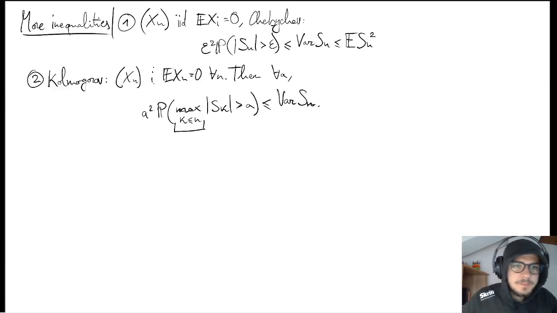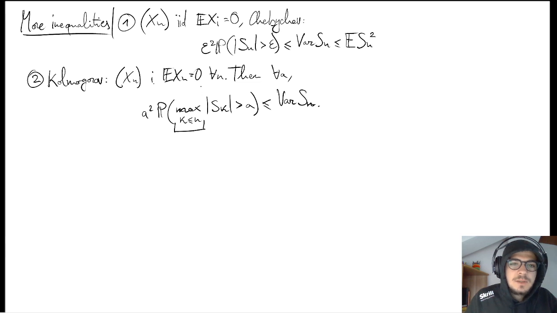Let's continue. So we saw these two inequalities. The rephrased Chebyshev one, when the mean of the random variables is 0. Well, here we bound the sum of, what do we bound? We use inequalities involving the sum of random variables.